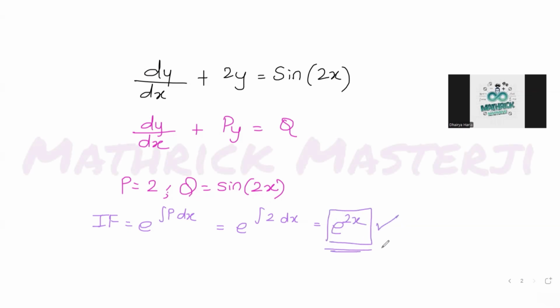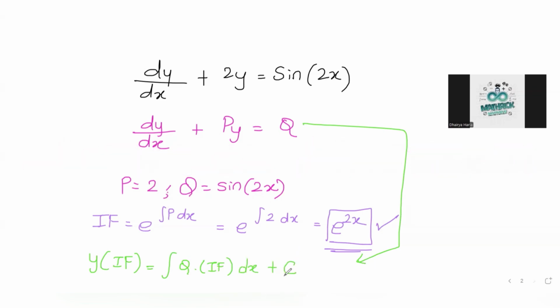Once I get my integrating factor for such a general form, I know that the solution of such a differential equation is given by the formula y times integrating factor equals integral of q times integrating factor dx plus c, where c is the constant.